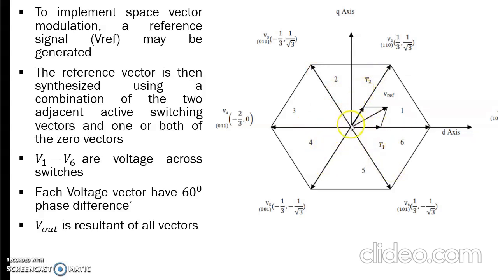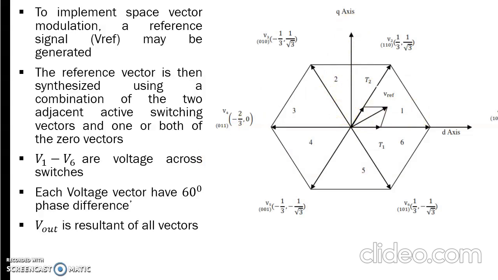At a particular time interval, the output voltage of the inverter is the combination of corresponding resultant vectors of V1 to V6. And that is actually calculated not in the 3-phase coordinate system, but in the DQ system, that is, converting into 2-phase quantities.